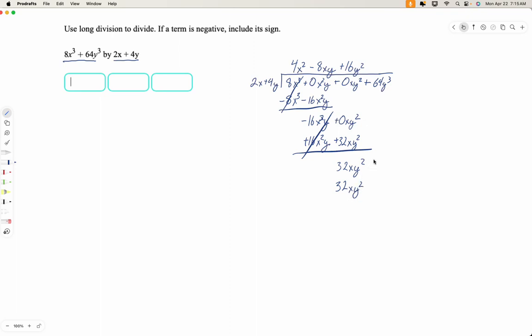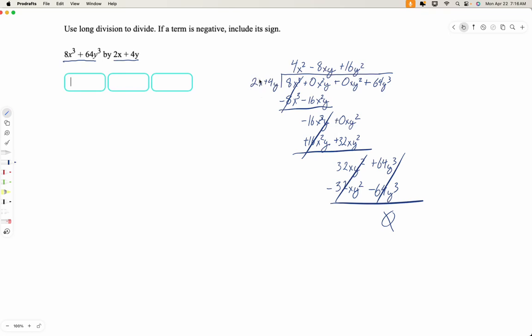I'm going to bring down my 64y, and I'm going to multiply 16y squared times 4y, and I get 64y cubed. Change the signs. This cancels, and I have no remainder. So that means this is my answer.